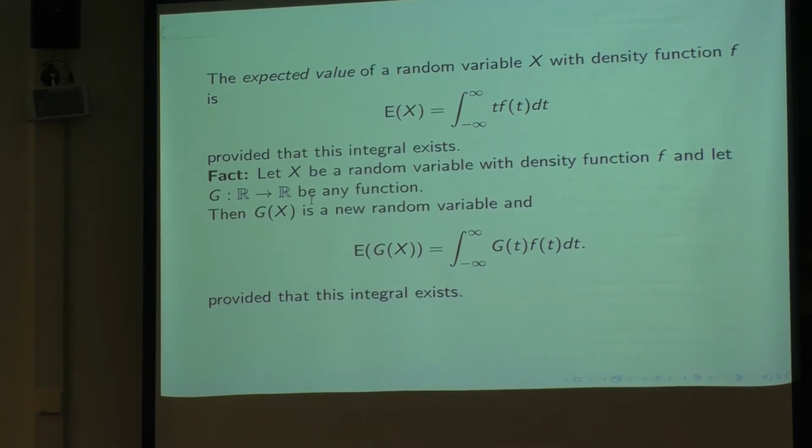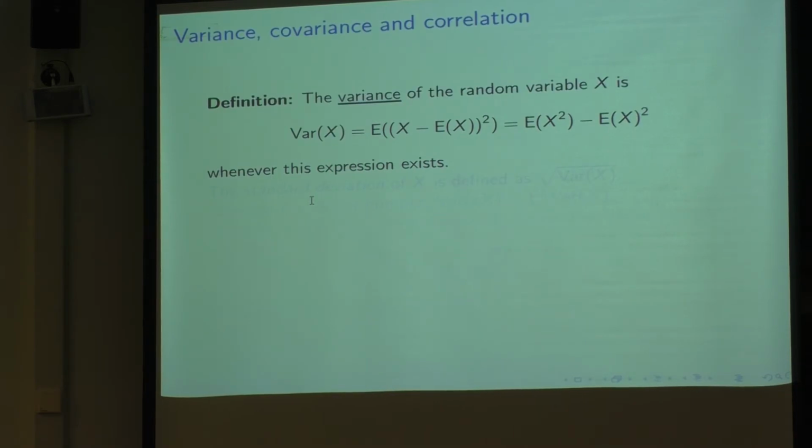Okay, what else do we need to know? We need to know about variance and covariance and correlation. And here's the definition of the variance of a random variable. It's the expected value of your random variable minus the average of your random variable, squared. So it's the average value of the square of the distance between your random variable and its average.